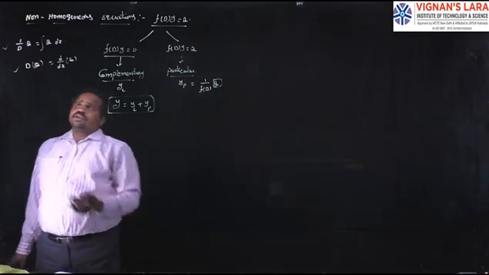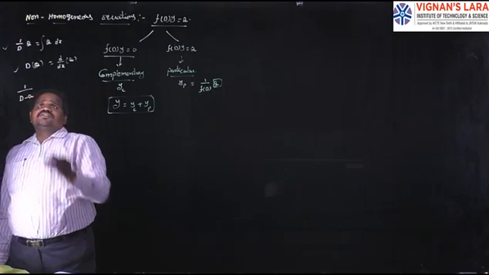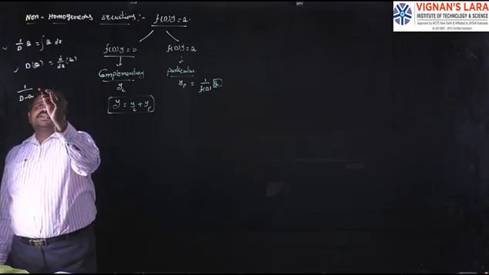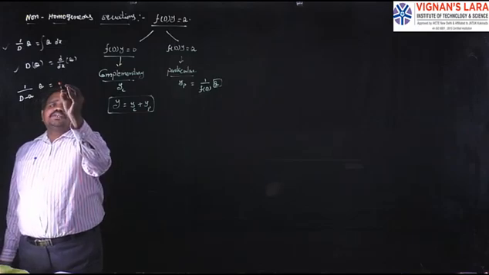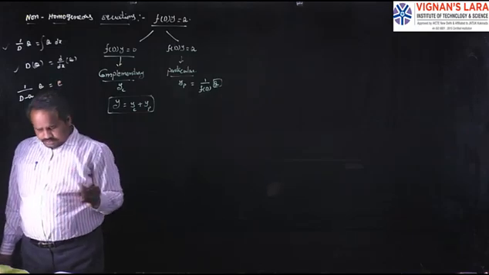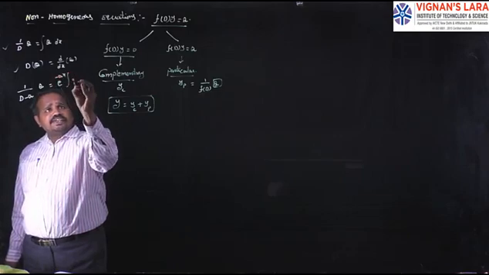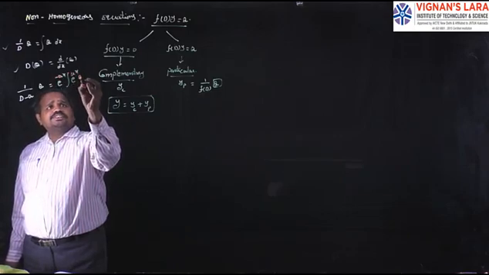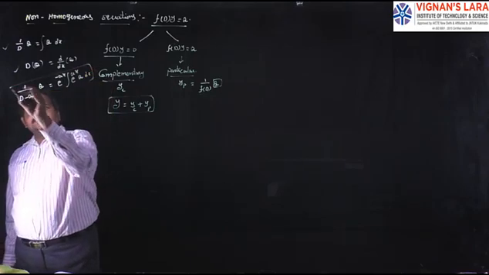Now one more formula, which is a general method for evaluation of the particular integral: 1 by D minus a into Q can be written as e power minus ax into integral e power ax into Q into dx. This I will explain later.